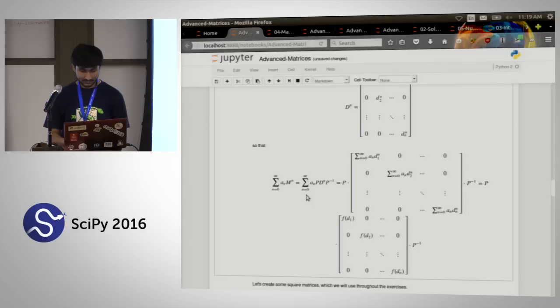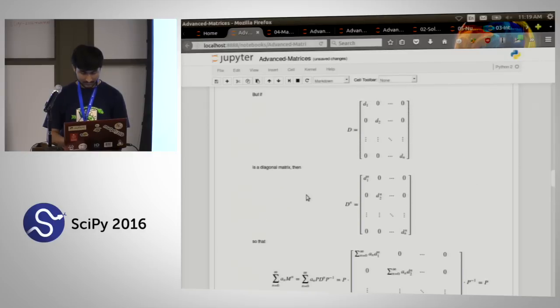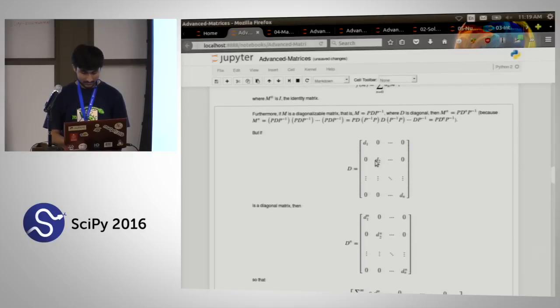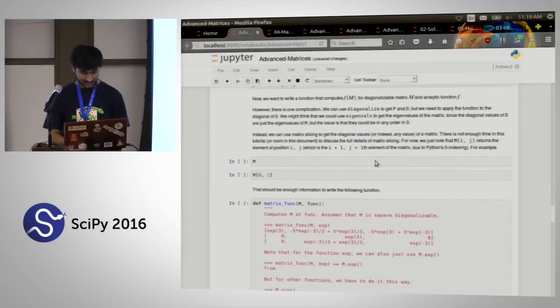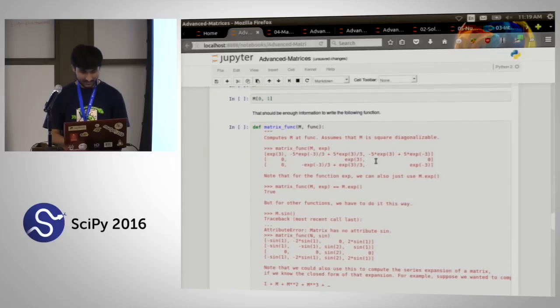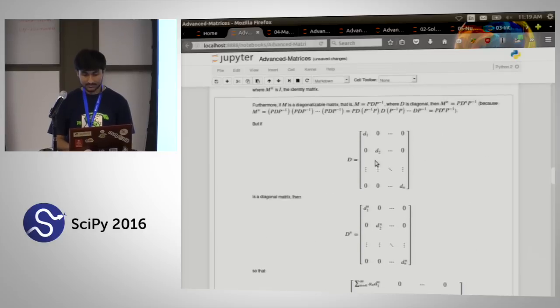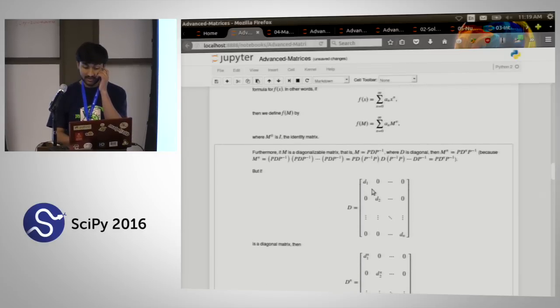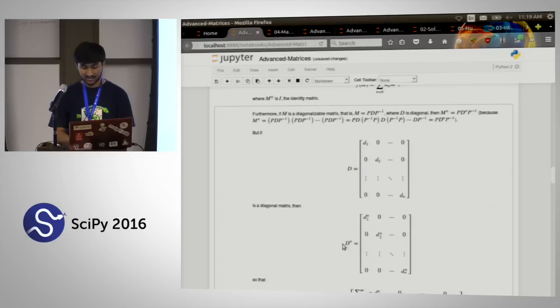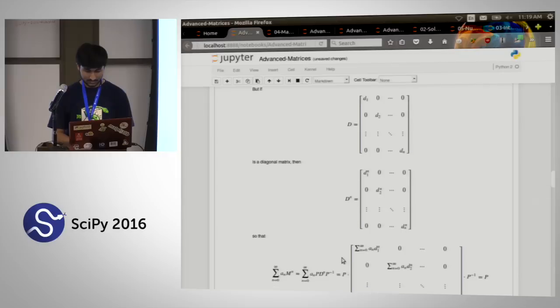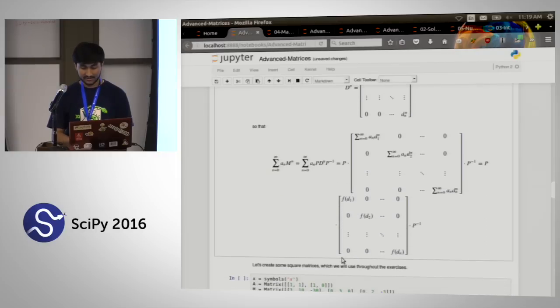And the task is to find that matrix. The diagonal matrix can be written like this, and this is the property of a diagonal matrix. So the matrix with the function comes out to be this, the function of the diagonal elements.